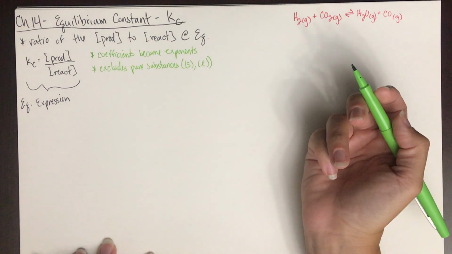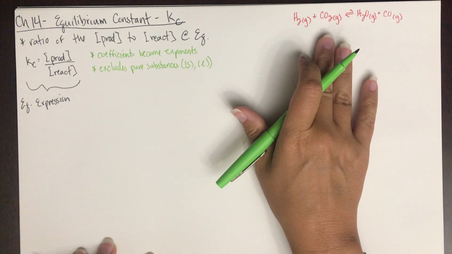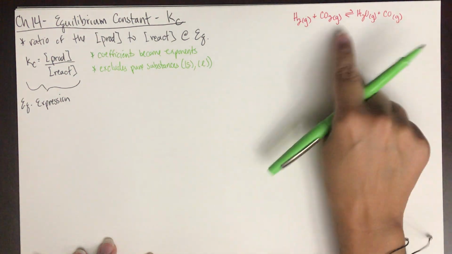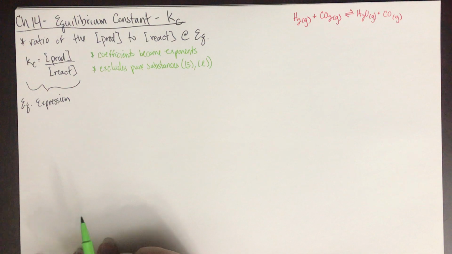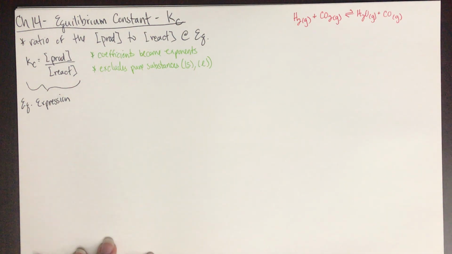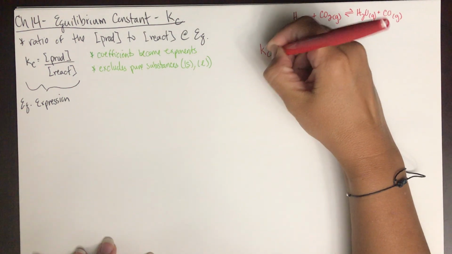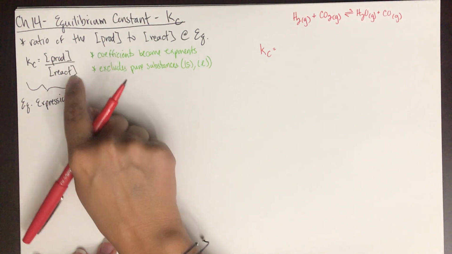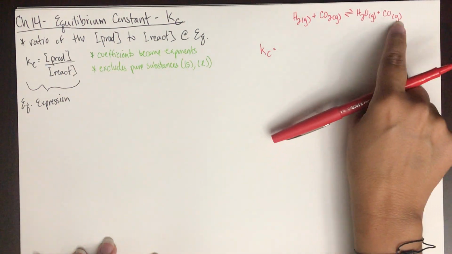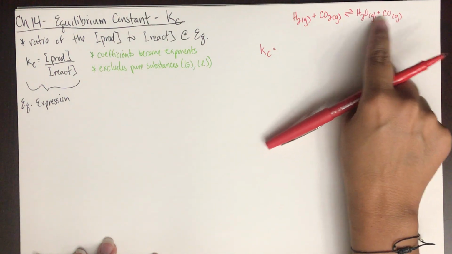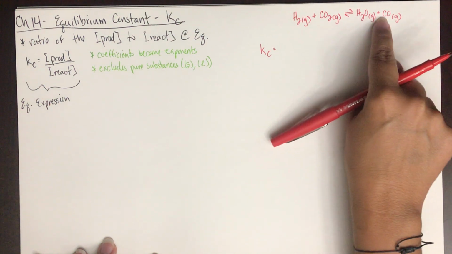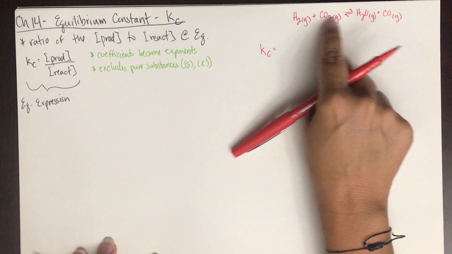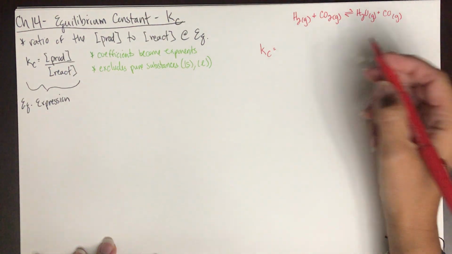So let's write the Kc, the equilibrium expression for this reaction. So I'm going to say Kc equals the concentration of the products over the concentration of the reactants. So it's going to be the product of these concentrations, multiplied together, over the product of these concentrations multiplied together.